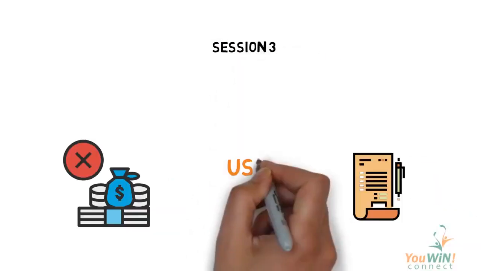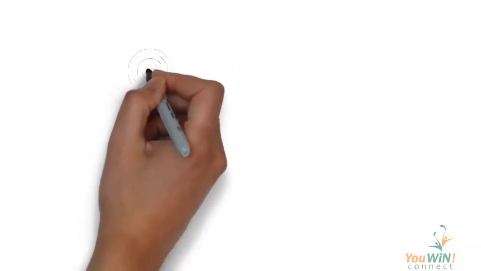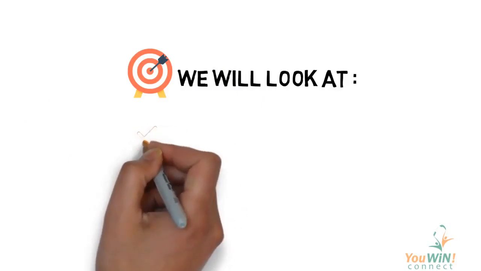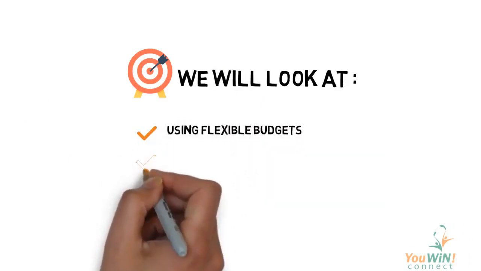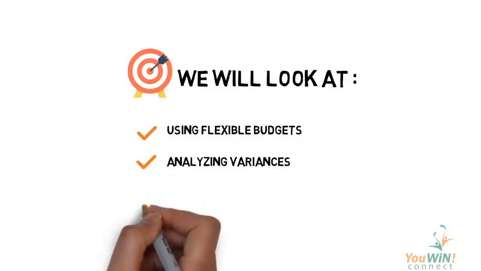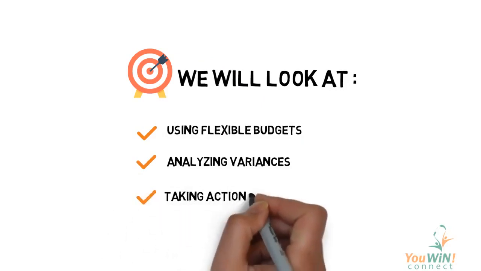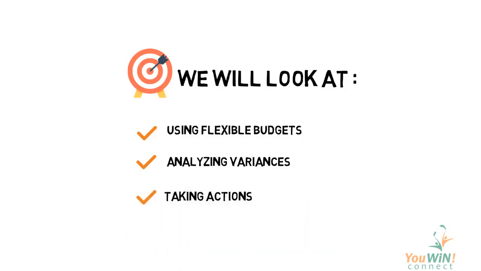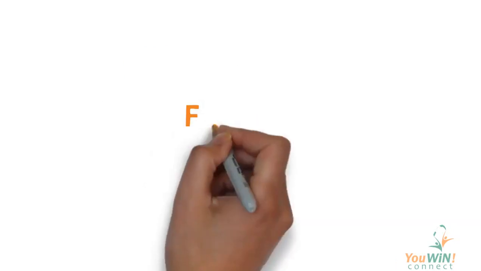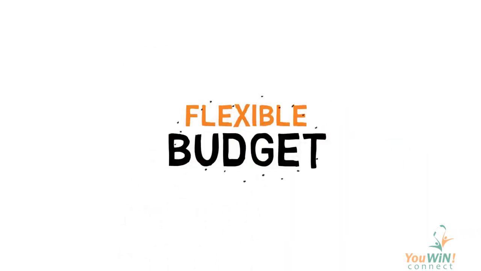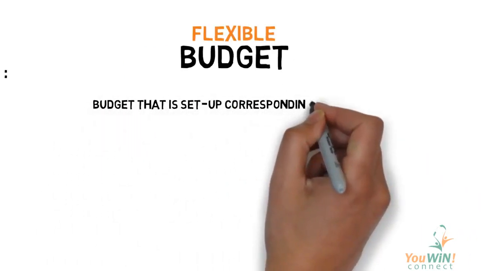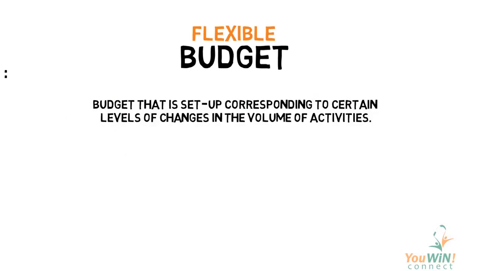Section 3. Using budgets. Under using budgets, we will look at using flexible budgets, analyzing variances, and lastly, taking actions. A flexible budget is a budget that is set up corresponding to certain levels of changes in the volume of activities.